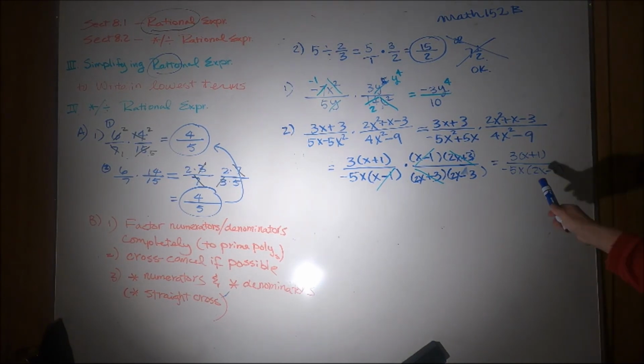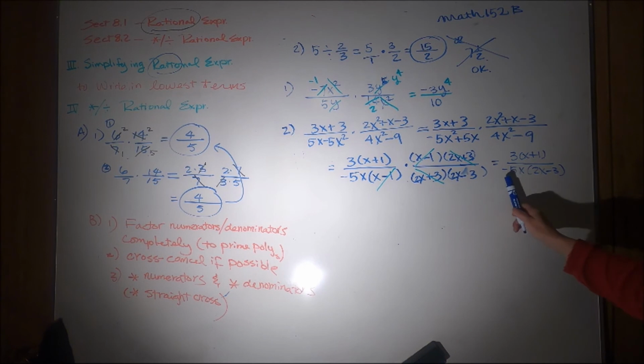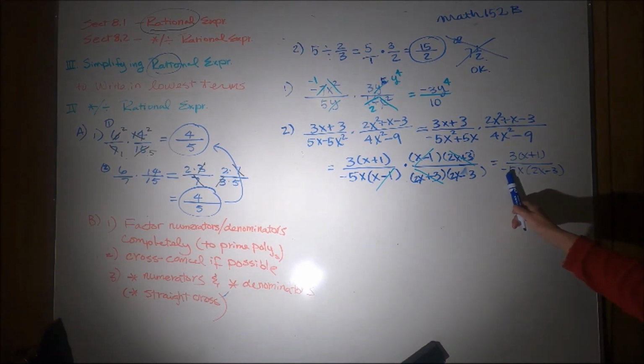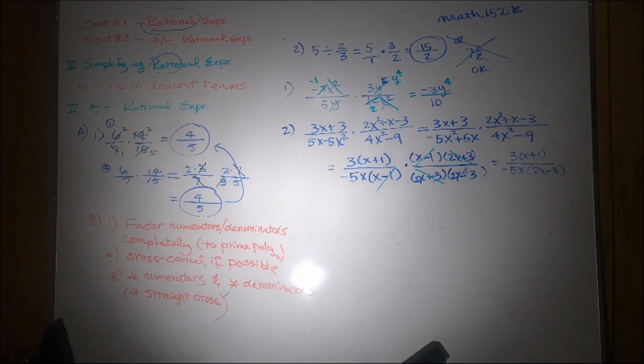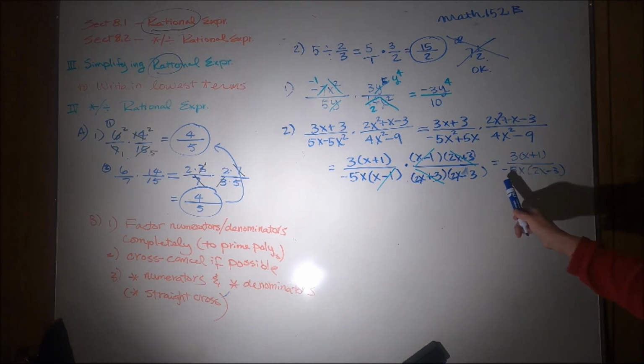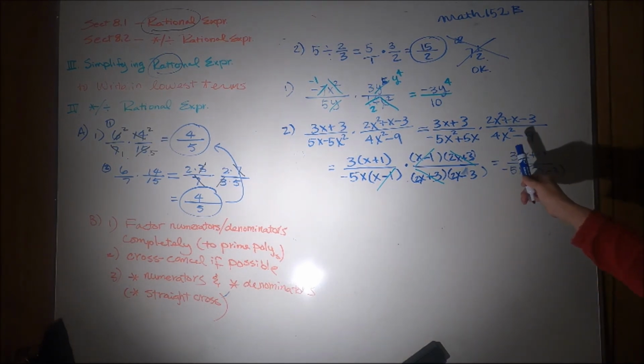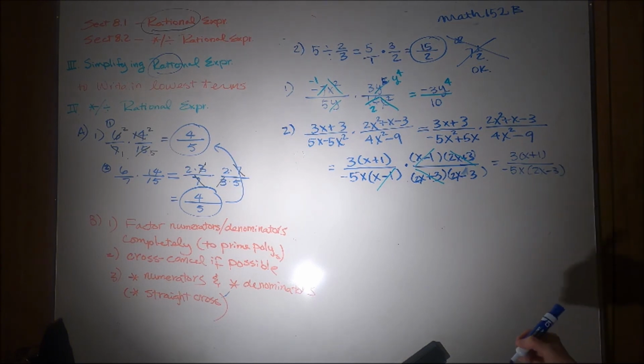But if you leave the answer this way, the computer will reject it. Why? Because we don't leave a negative in the denominator, because the denominator is always reserved for the LCD. So you either move the negative to the top or to the outside.